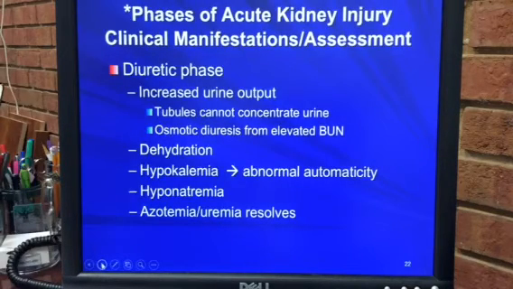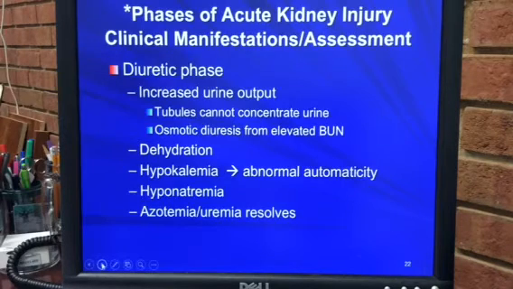All right, as we progress from the oliguric phase, where you have to watch the potassium, be concerned about water excess, heart failure, oxygenation issues because of too much water in the lungs. As you progress through the process of kidney failure, the patient moves into the diuretic phase.